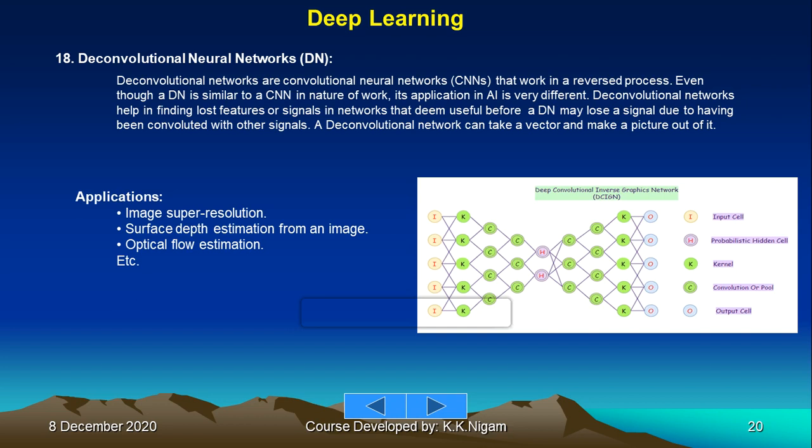A DN may lose a signal due to having been convoluted with other signals. A deconvolution network can take a vector and make a picture out of it. Applications for that are image super resolution, surface depth estimation from an image, and optical flow estimation.